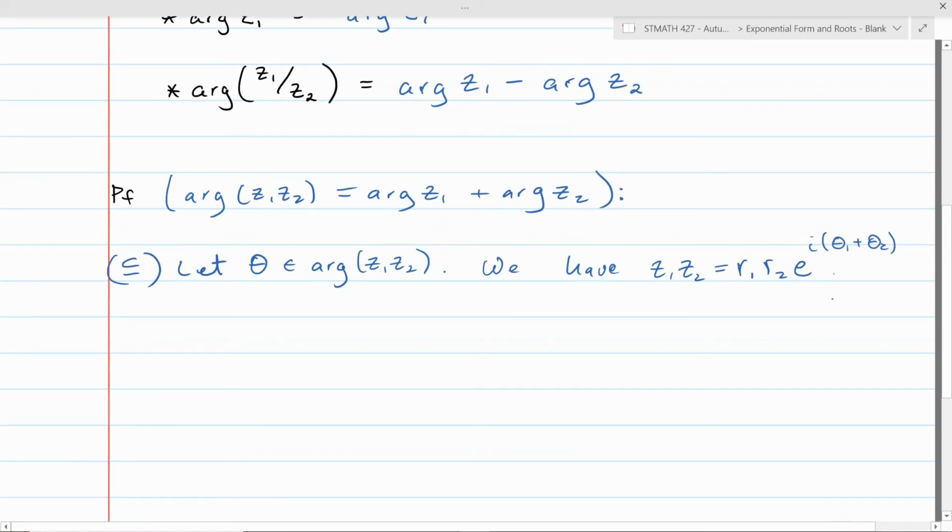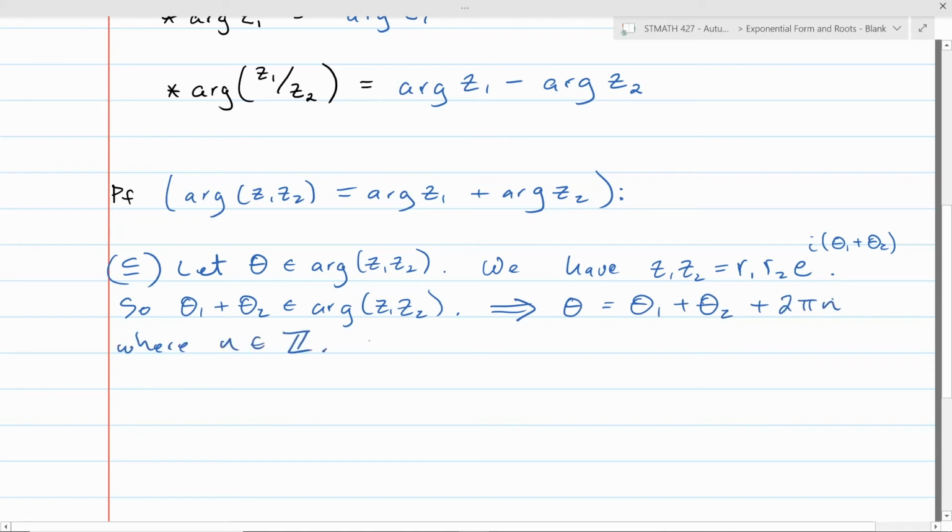So theta 1 plus theta 2 is an element of arg z1, z2 also, right? But what do we know about arg z1, z2? That's the collection of all the arguments. And we know that the difference between them is some multiple of 2 pi. So that tells me that theta is equal to theta 1 plus theta 2 plus some multiple of 2 pi.